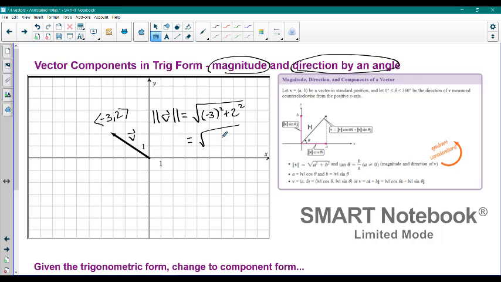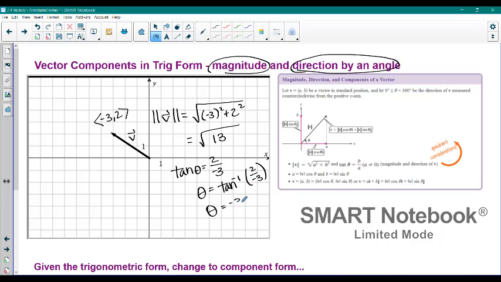So we have the square root of 13 for its magnitude. Now for the angle. The tangent of theta would be equal to B over A. Theta would be the inverse tangent of -2/3.